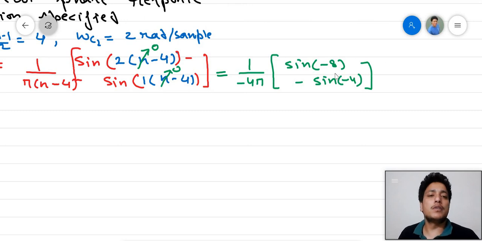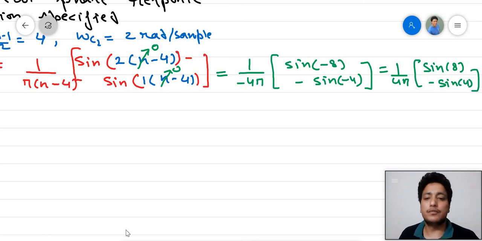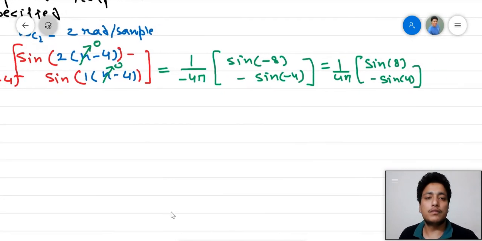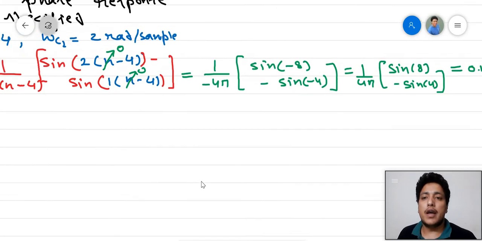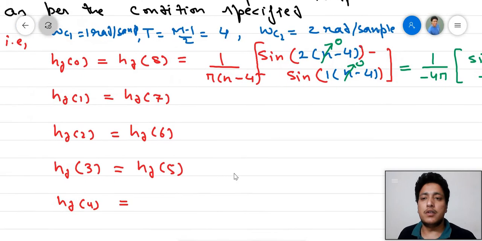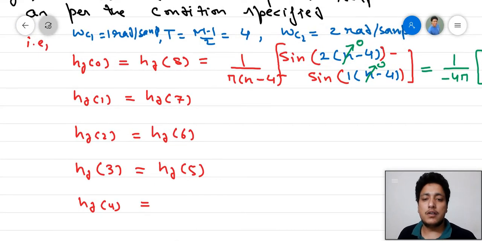Taking the sign common, it will be 1 by 4 pi [sine 8 minus sine 4], which is equal to 0.138. So we have found hd(0).